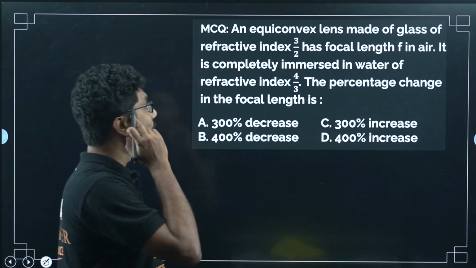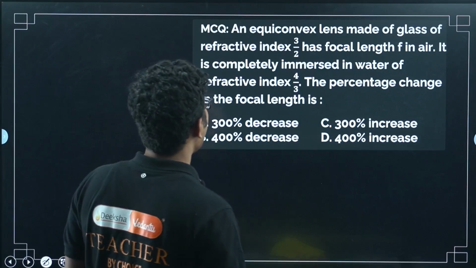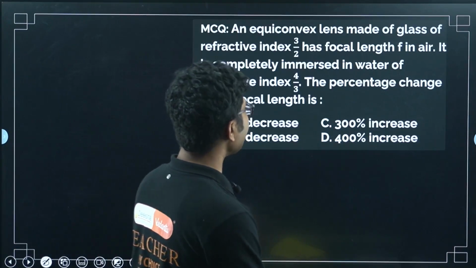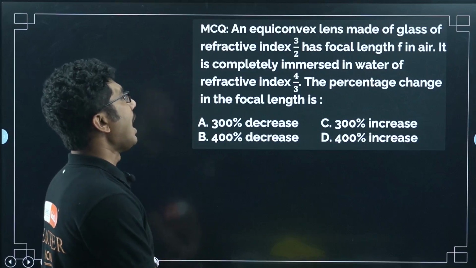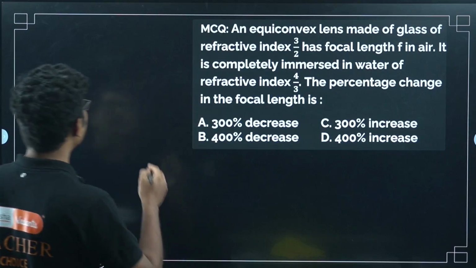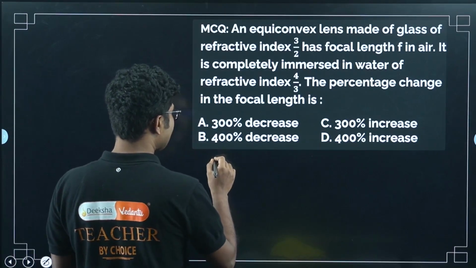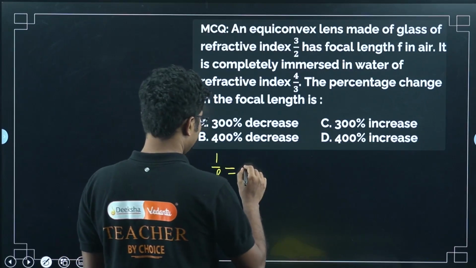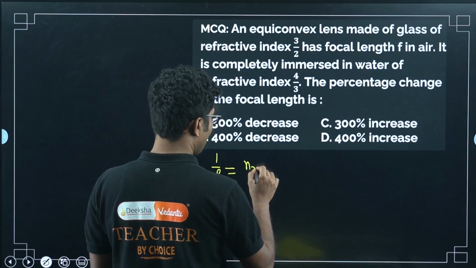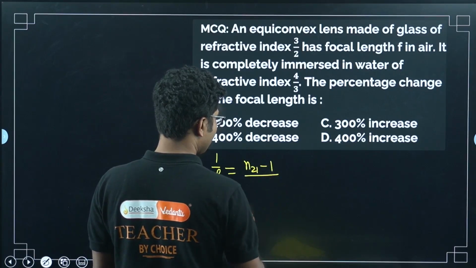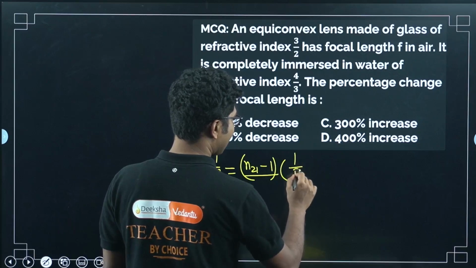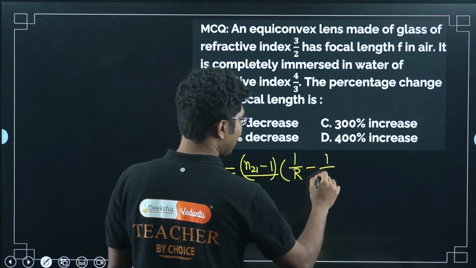Now let's solve one numerical. An equiconvex lens is made of glass of refractive index 3 by 2, has focal length f in air. Equiconvex lens means 1 by f is equal to (n21 minus 1) times (1 by r minus 1 by minus r).